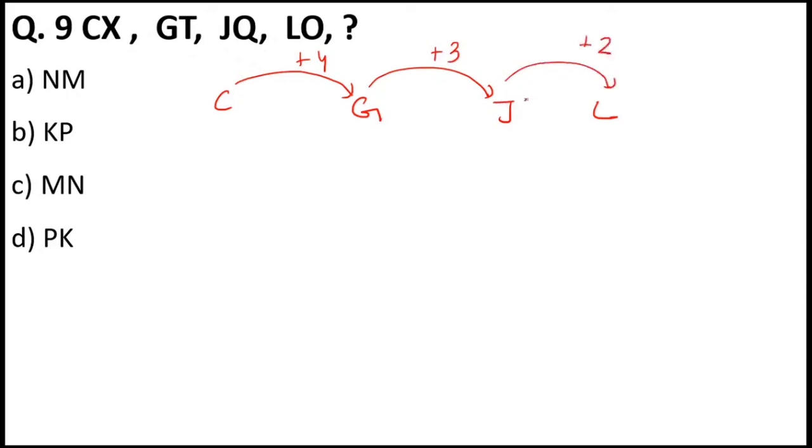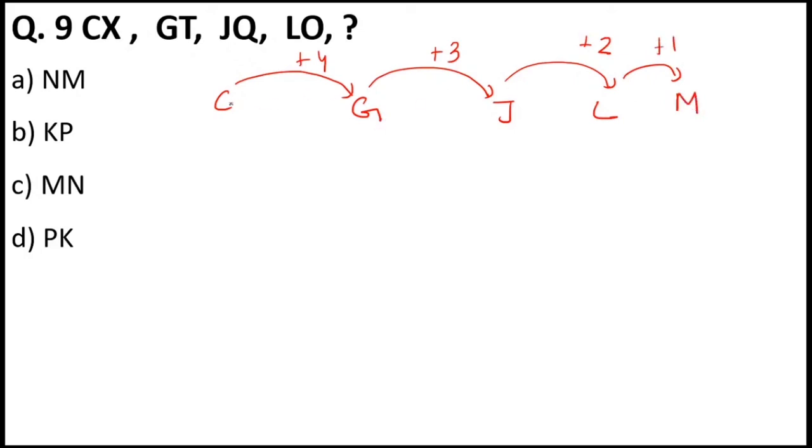K comes. After J, K and L come, yes. And after L, how many terms do you have to skip to get one term? Only one. Only one term you have to skip to get M.